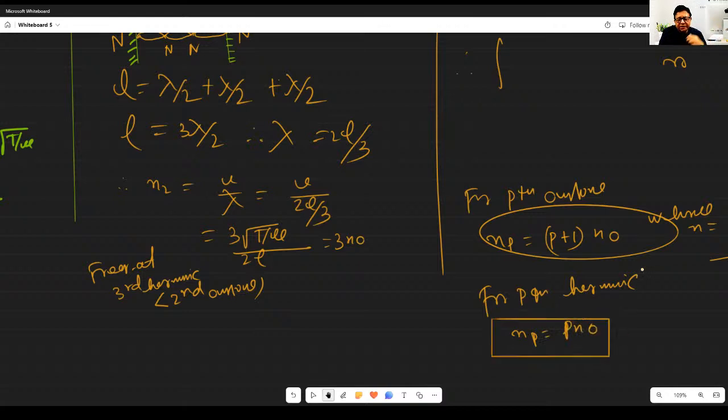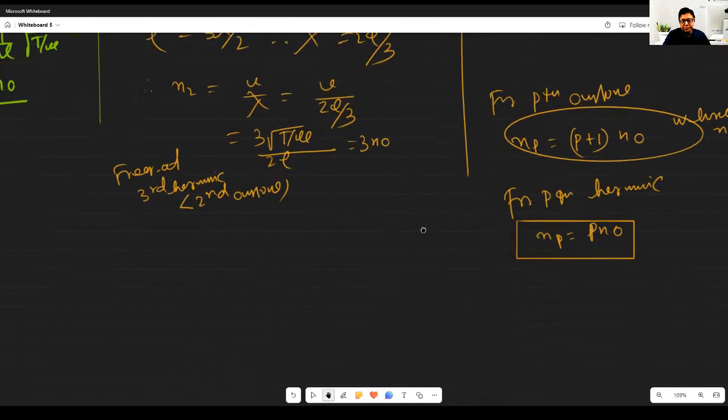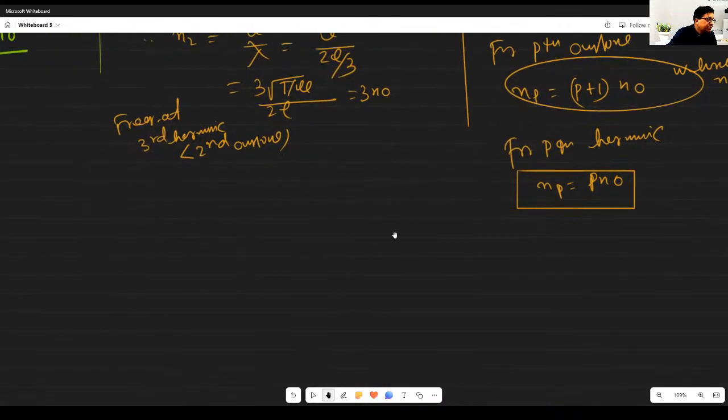Change the symbol if you like. Okay? Now, when you are solving a problem or a theory question is asked, you might be confused with a few terms. That I am telling you. What is a tone? What is a note? What is a fundamental tone?